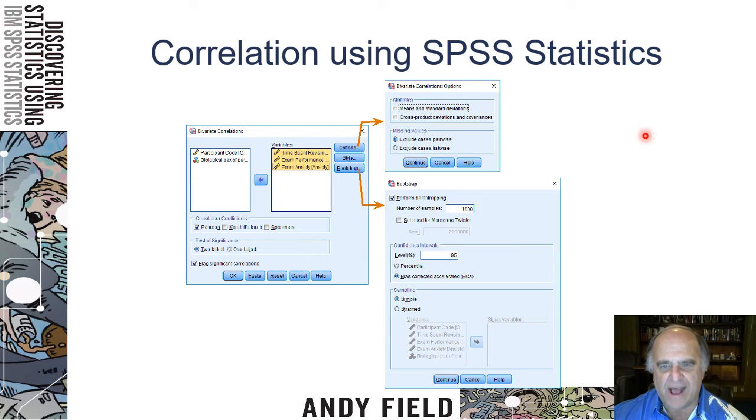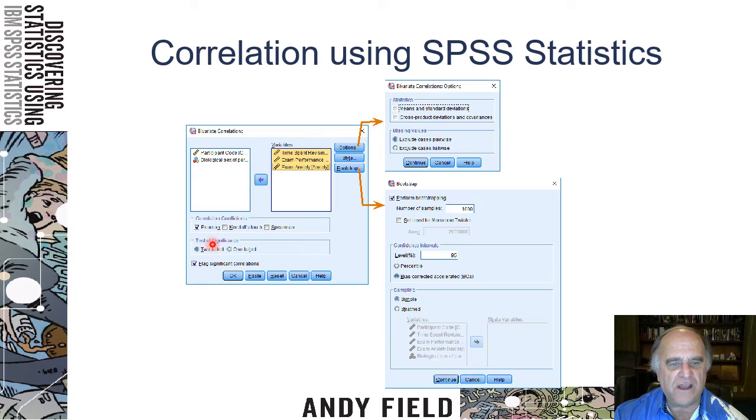We can ask for various options. It's good to ask for means and standard deviations. We can bootstrap our confidence intervals by using the bootstrap option. You'll note Field almost always uses the bias corrected and accelerated option for his bootstrapping and uses simple sampling.